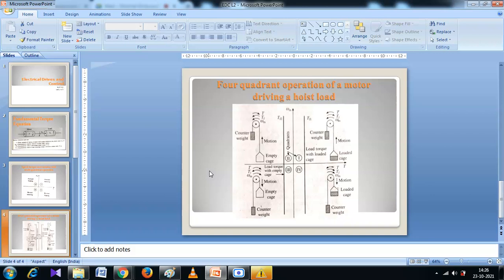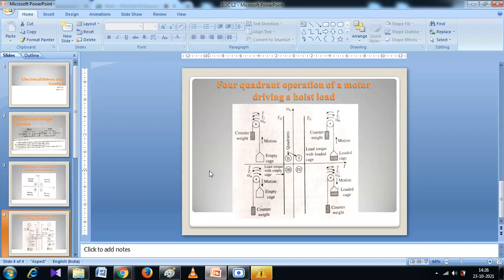No, I am telling you just now. A hoist is nothing but like a lift which has a counterweight and a cage. By that cage, we can uplift a human or some object from one level to another. Okay, sir.